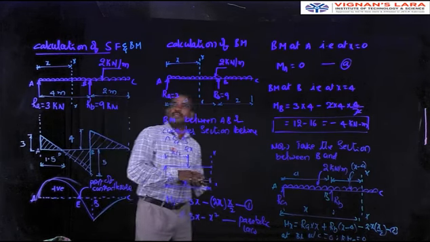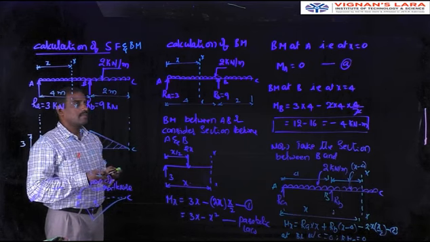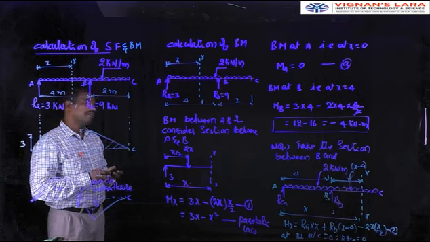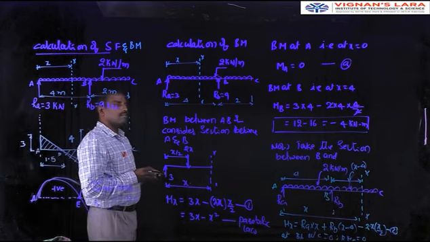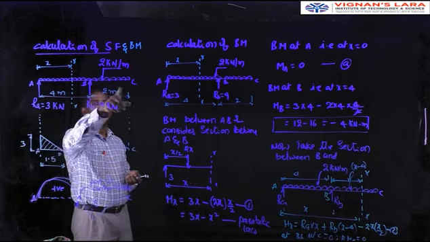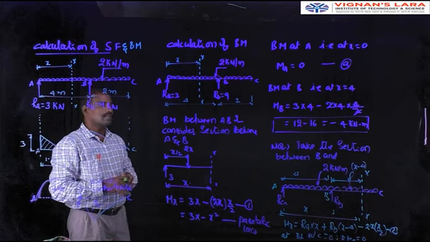Today we covered what is meant by point of contraflexure, then how to draw the shear force and bending moment diagram for an overhanging beam subjected to a uniformly distributed load over the entire length of span 6 meters at the rate of 2 kilonewtons per meter.